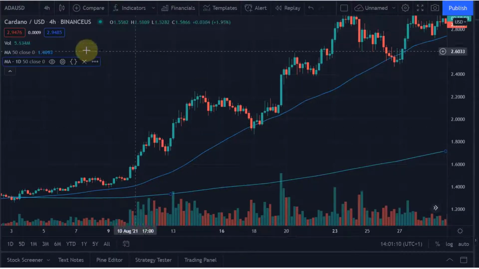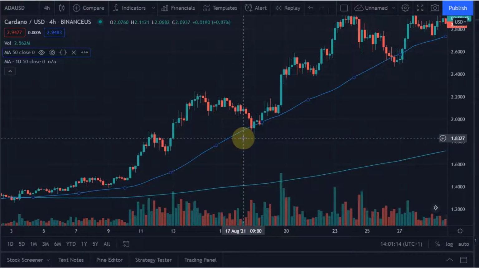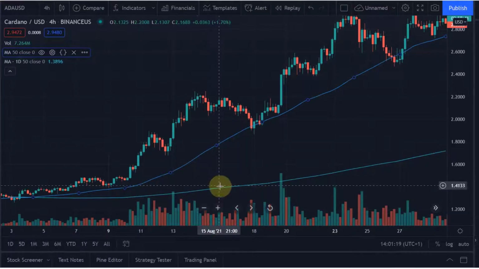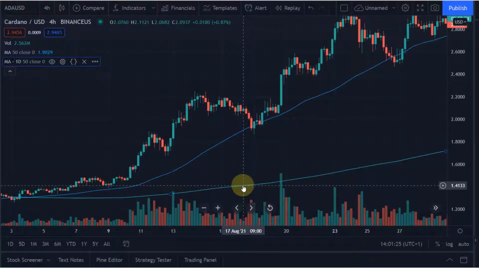So what we have essentially here now is two moving averages. The blue one is the 50-period moving average based on the 4-hour time frame, and the green one is the 50-day moving average, based on the daily time frame.